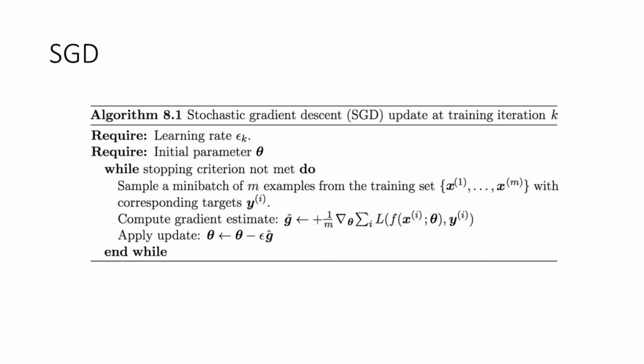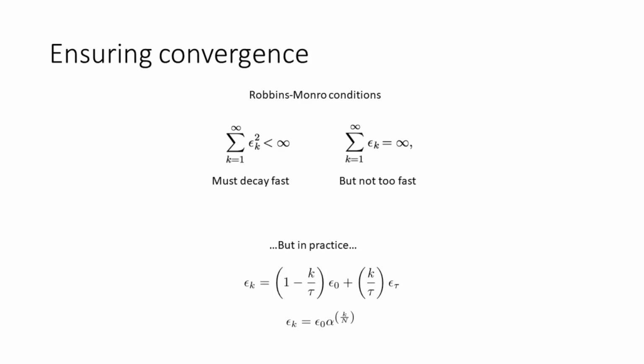And then I believe that this just says that as we take many stochastic gradient descent updates, we will arrive at the same solution as we will with gradient descent.